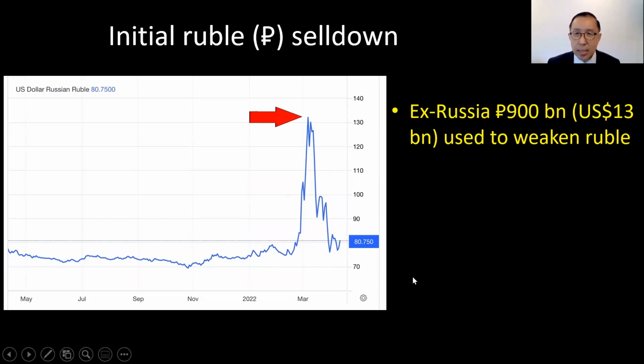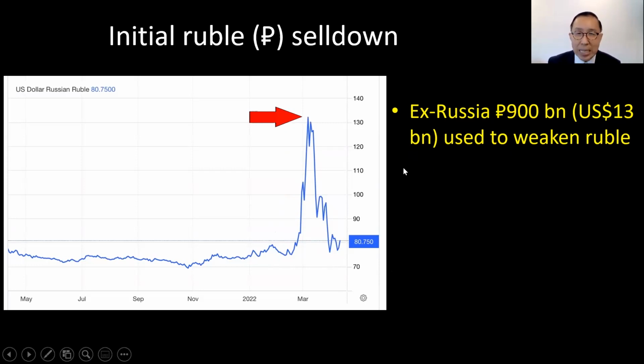Now, what happened is there are about 900 billion rubles, or 13 billion in US dollar terms, outside Russia. So these 900 billion rubles were used to sell or to weaken the ruble. So the ruble weakened from 80 to about 135.